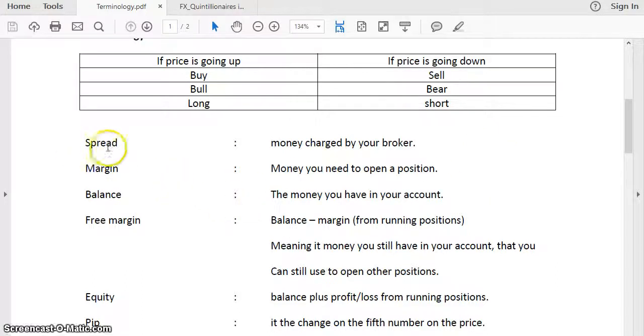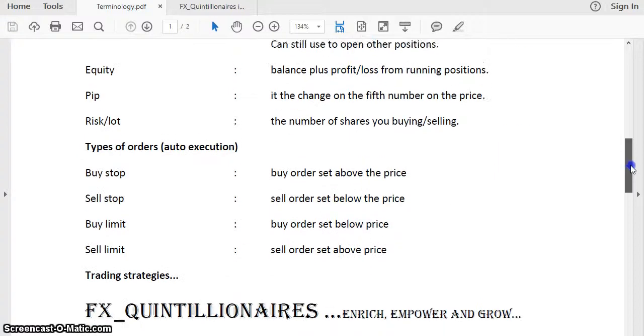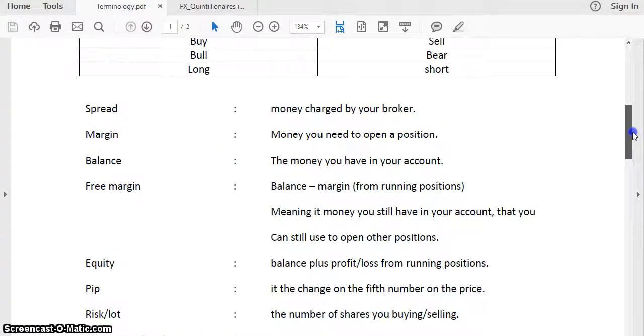And then we come to the spread. I simplified things here. The way I've explained things is a too simplified version, but from the notes that you're going to get, you'll be able to read the whole definition. I'm the one who wrote this, and I just simplified them to a point. A spread is the money that is being charged by your broker.